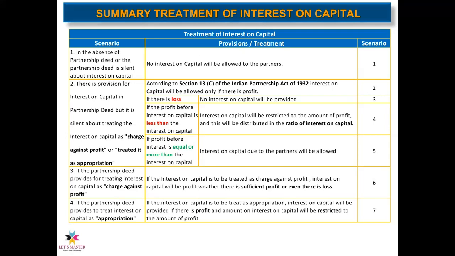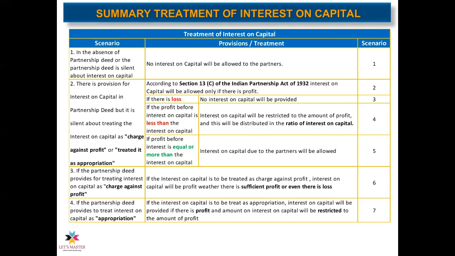Then there can be a second situation where there is a provision for interest on capital in the partnership deed, but it is silent about the way in which the interest needs to be treated.